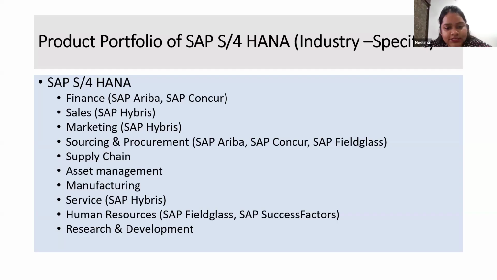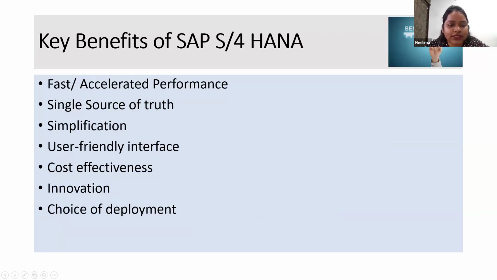And also it supports supply chain, manufacturing, asset management, research and development. So overall, SAP provides integrated industry specific solutions that cover the complete business life cycle. Okay. So these are the different types of cloud integrated applications that SAP provides. Okay. And then we'll check on the key benefits.